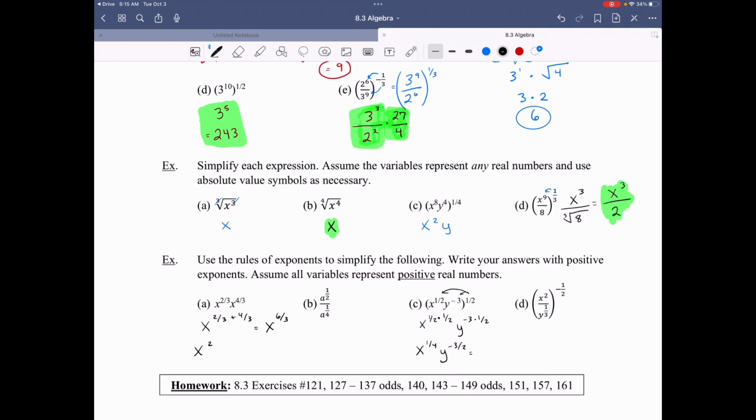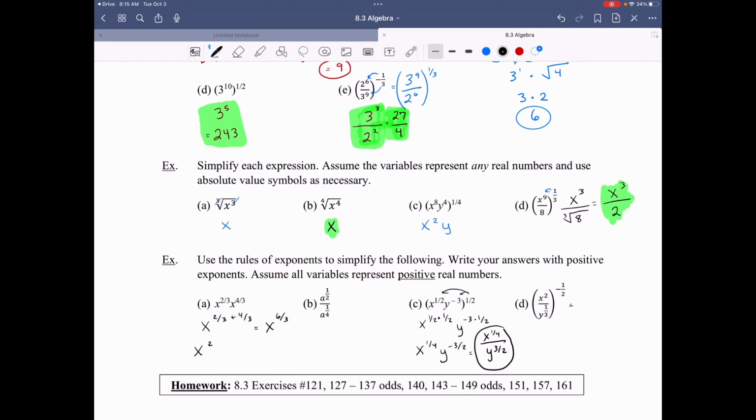Continuing our rules, they want us to write it with positive exponents. So we'll just write x to the 1/4 in the numerator, and we'll put y to the 3/2 in the denominator. It did not ask us to write it in radical form, so we'll just leave it like that.